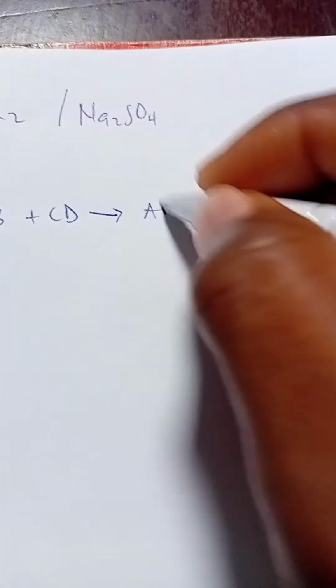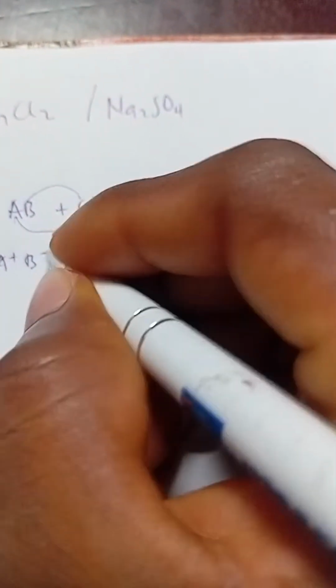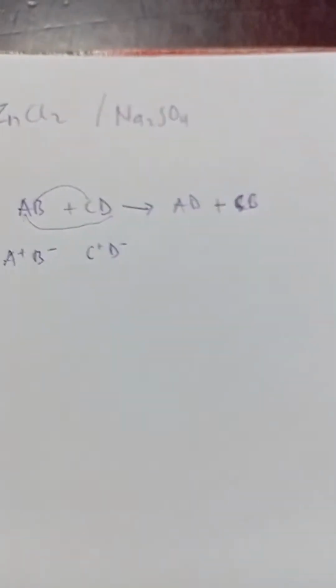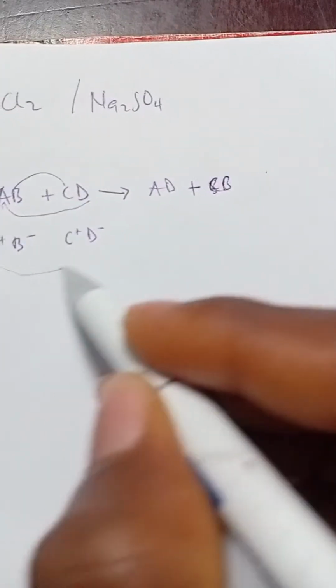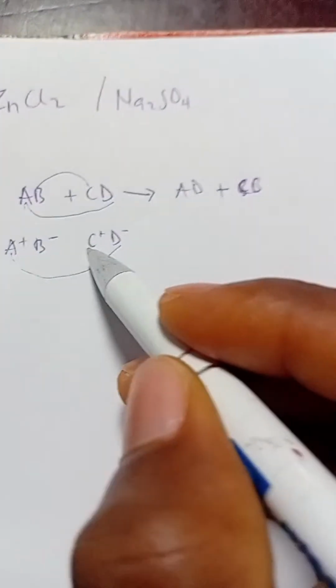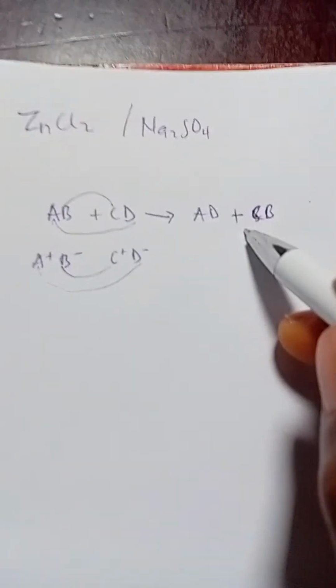So you have AB plus CD going to AD plus CB. Let's say we have A plus B minus, C plus D minus. The cation will go for the anion, and this one will go for that one.